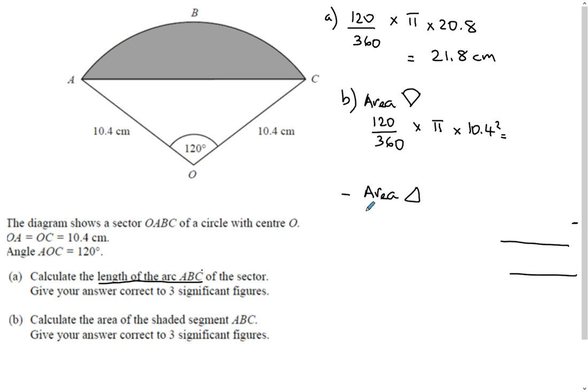So the area of the triangle, again using the V in advanced trigonometry, we've got half times 10.4 times 10.4 times sine 120. Now you can lift up your calculator, and here you'd get 113.26, and here you'd get 46.83, and if you minus, you get 66.42.